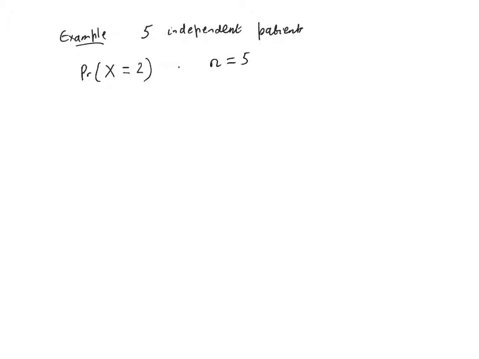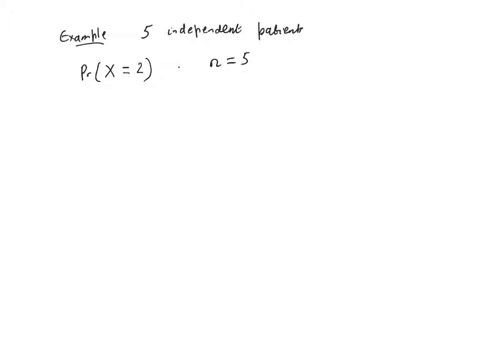Let's see a quick example of this. So we're now going to see a bigger example than we've seen before. We have 5 independent patients, and we want to know for those patients what's the probability that blood pressure is reduced in exactly 2 of those patients. Well, in this case we would just identify that we have n equals 5 trials.